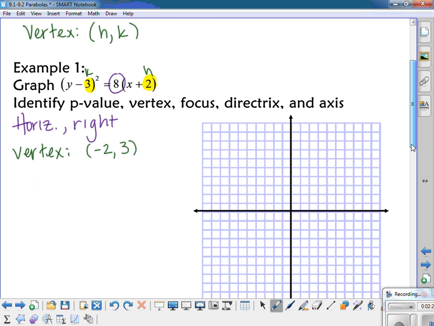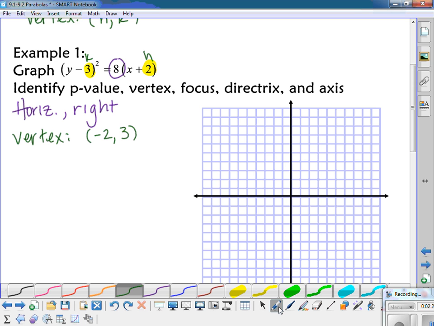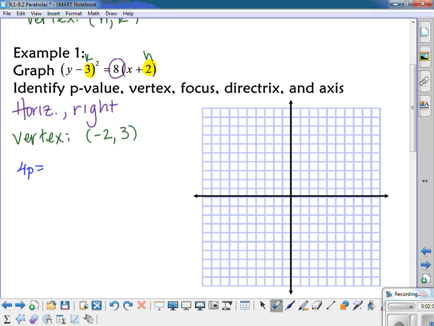So at this point, it's going to be easier to figure out everything if I just start graphing. Well, I need to figure out p first. Let's see here. So the 8, that's my 4p. And so I know p has to equal 2. So now I'll go over to the graph and I'll do the vertex at (-2, 3). We said that this one is going horizontally to the right.